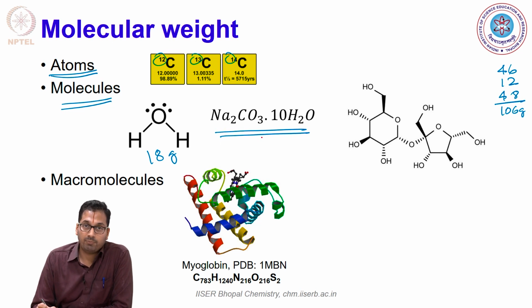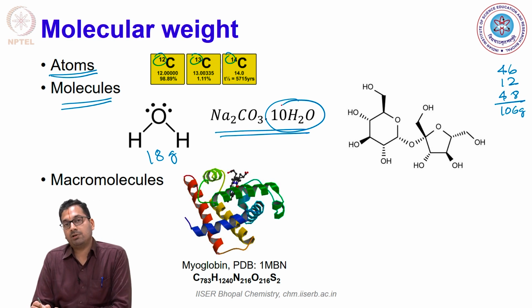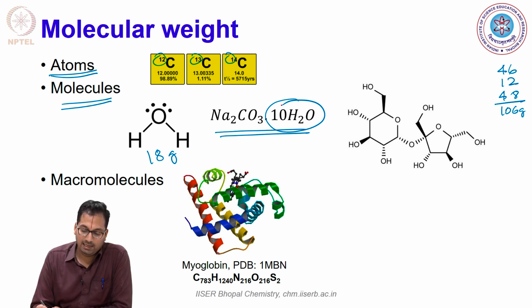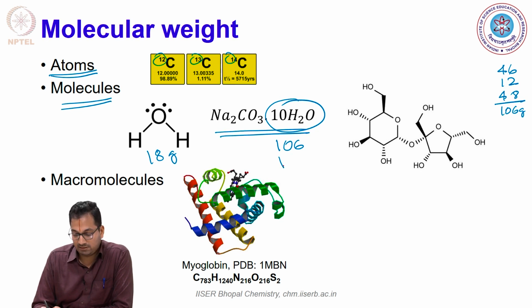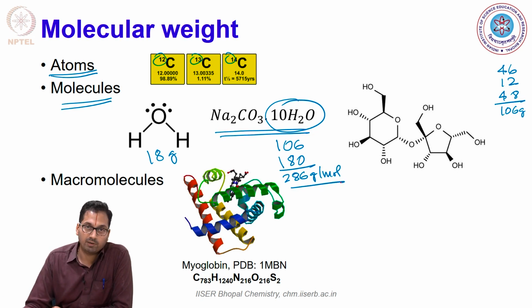You could be purchasing salts that have water of hydration, meaning that these waters cannot be removed from the final solid product that has been obtained. As an example taken here, sodium carbonate that has 10 waters of hydration, this is sodium carbonate decahydrate, is going to have 106 grams plus 18 grams times 10, which is going to be 180. So the molecular weight of the same is going to be 286 grams per mole.